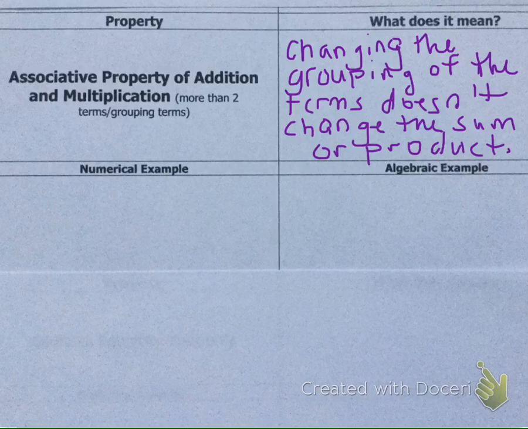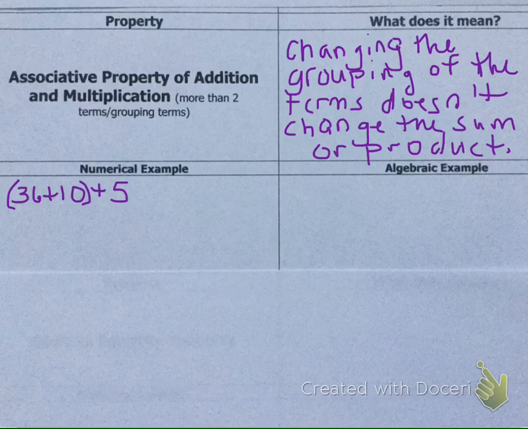Okay, so a numerical example, our example in numbers, if we had 36 plus 10 plus 5, according to my order of operations, I should do 36 plus 10 first and then add 5.